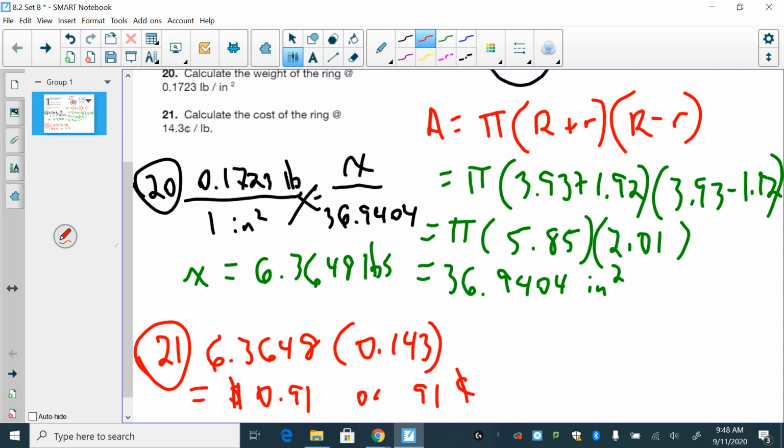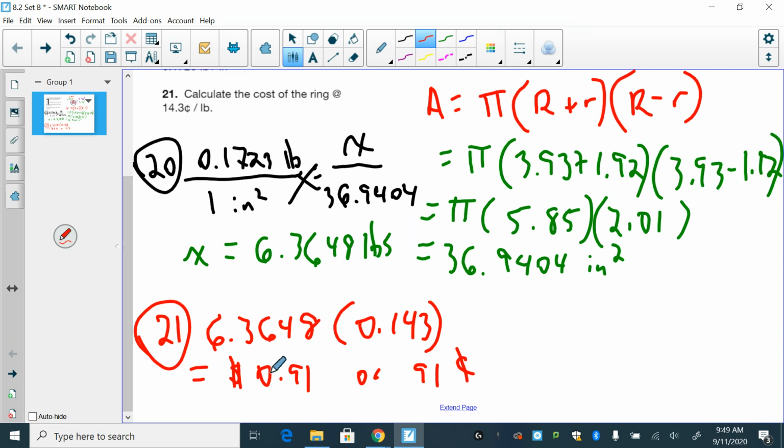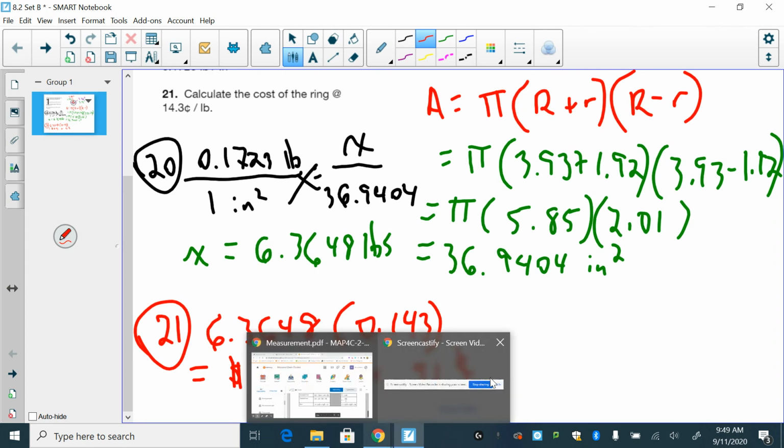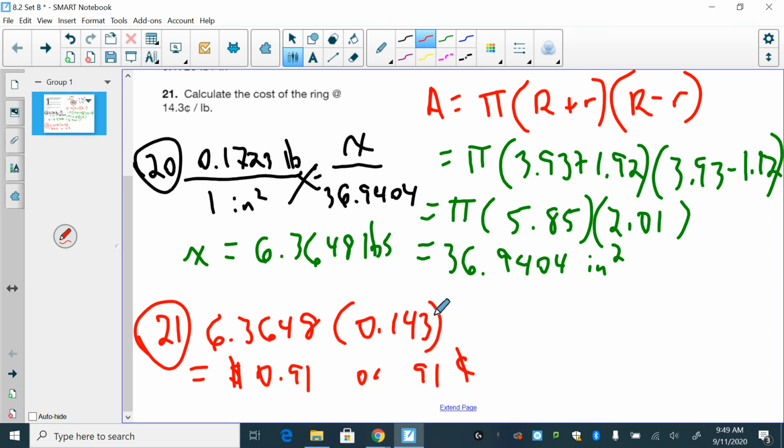If it was over 100 cents, that would be dollars, and this first answer would be better. Say my answer was 3.91, then it would be $3.91. Whereas if you wrote 391 without the cent symbol and put a dollar symbol, then you'd be incorrect. So just be careful with that. Like I said, I like to work with the decimal versus the whole number when it's in cents.